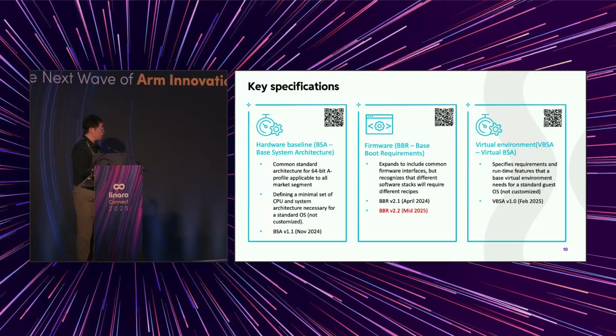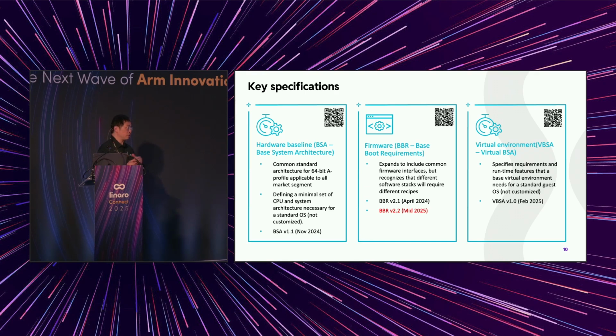So specific to the specifications, as I mentioned earlier, we have a base system architecture, which tries to establish the basic hardware requirements when you build the system up. And of course, as I mentioned earlier, if you're building a silicon SoC based on this architecture, then you can do whatever you want to support the OSes, right?